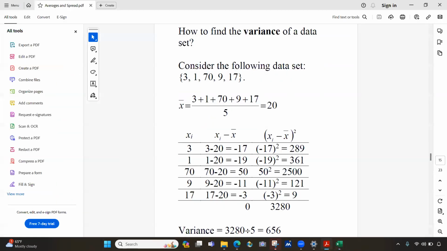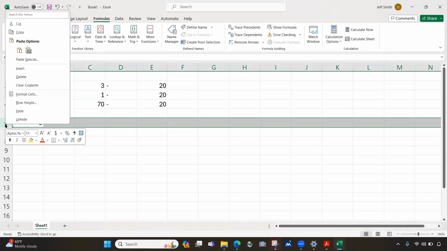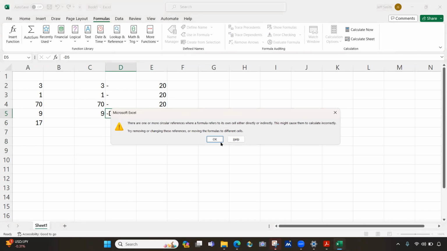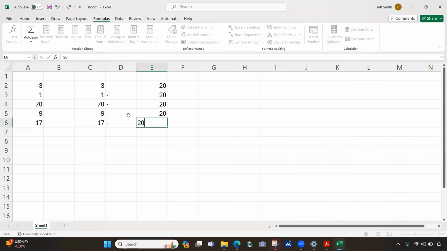And my data set is 3, 1, 70, 9, and 17. You have to be a little patient. Minus 20. 17 minus 20.